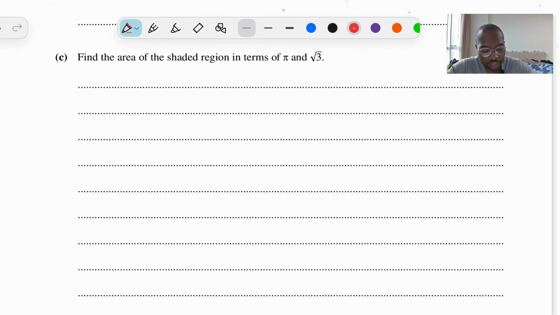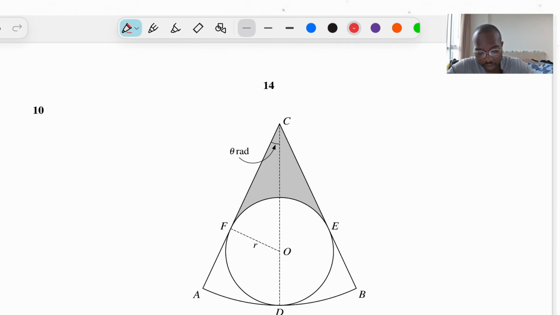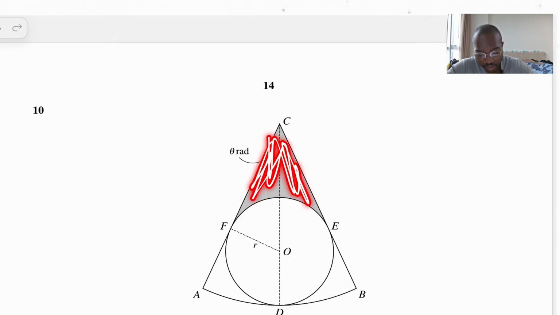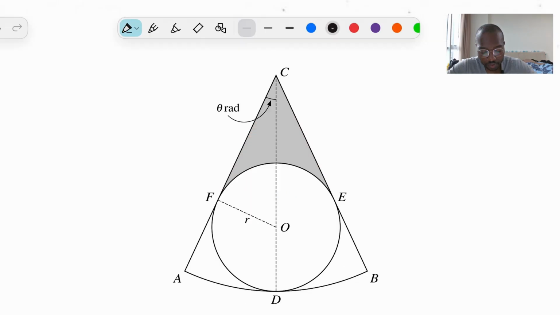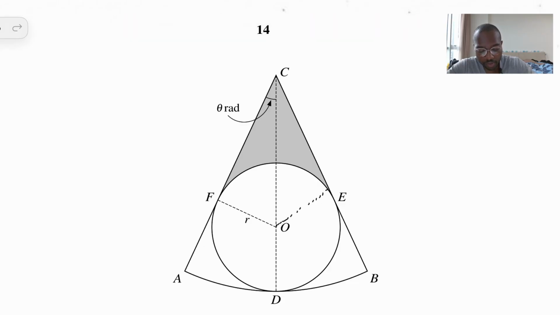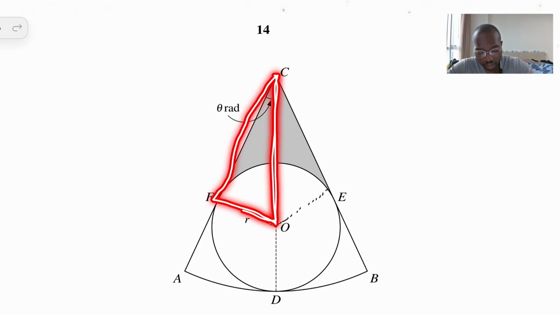For part C, we need to find the area of the shaded region in terms of pi and root 3. So we need to find this region here. How can we do that? I drew that dotted line in because we can work out the area of this triangle here, and whatever the area of this triangle is, it'll be the same as this triangle here.